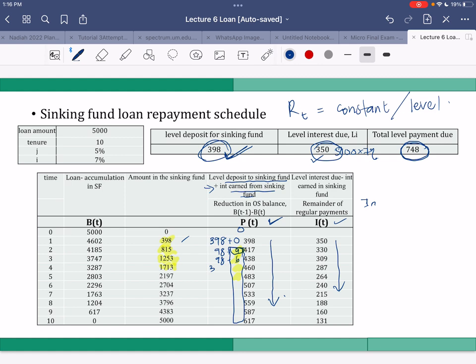But the interest due is fixed, LI. So LI, or 350, comes from two components. Partly it comes from this 748. Part of this 748 will go to interest payment, and partly it comes from the interest earned from the sinking fund.